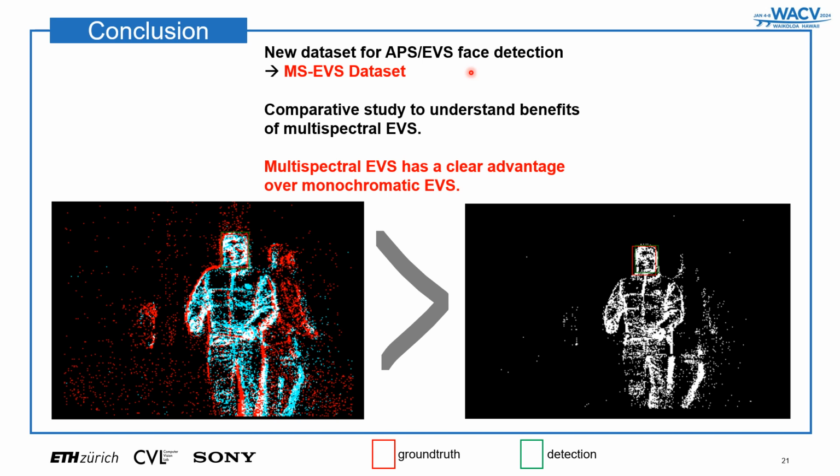It also has the first multispectral EVS phase detection dataset for fine-tuning, with 10 different multispectral bands. We also carried out the first fair learning-based comparison between APS and EVS modalities, using the same model and data for our experiment. From these experiments, we showed that multispectral events have a big potential.